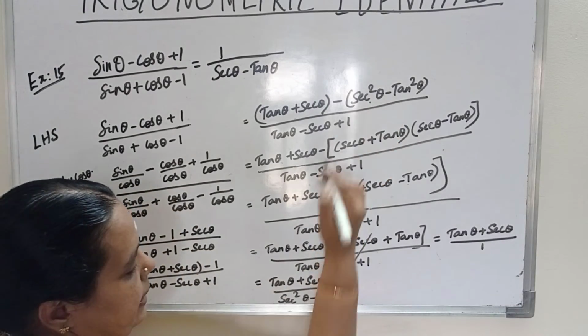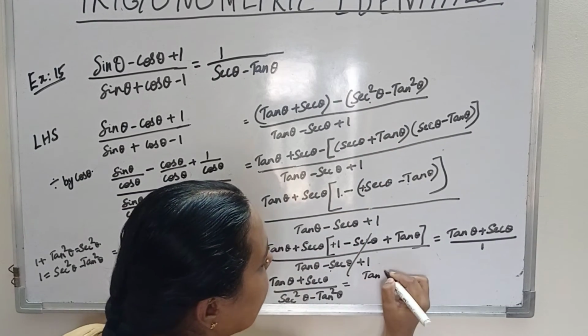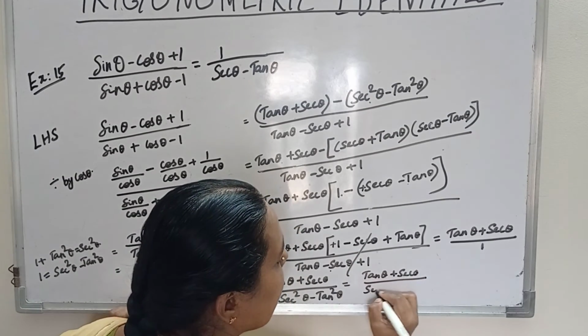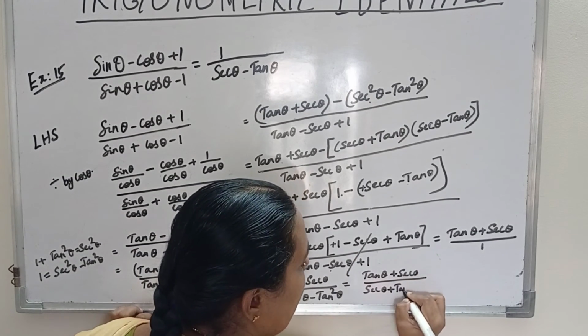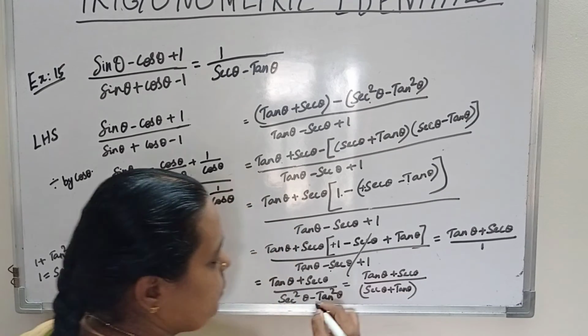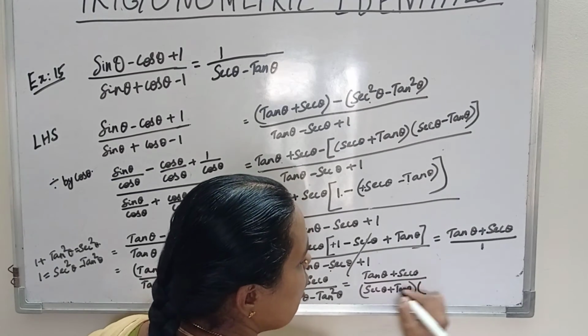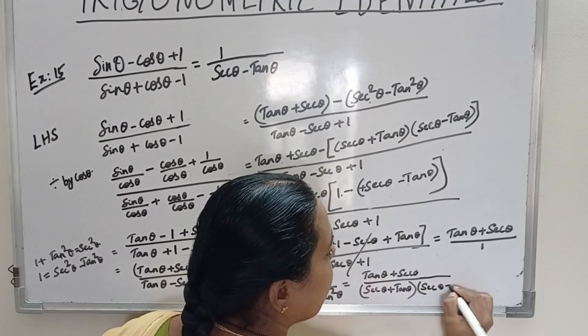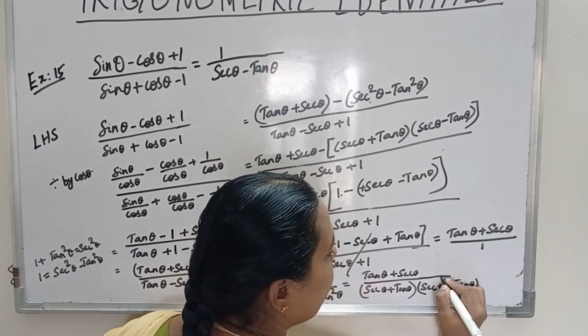Again, a square minus b square format. So, tan theta plus secant theta by secant theta plus tan theta into secant theta minus tan theta, that is a square minus b square format, a plus b into a minus b.